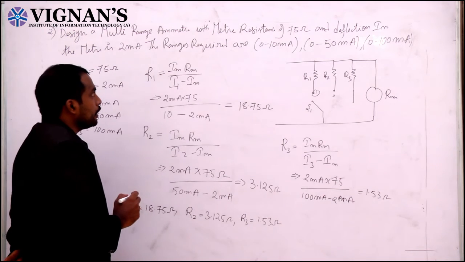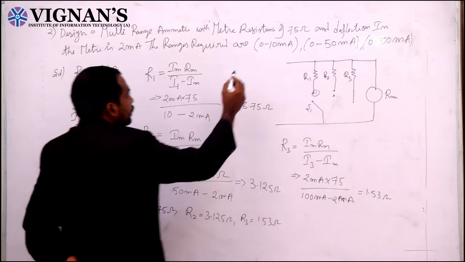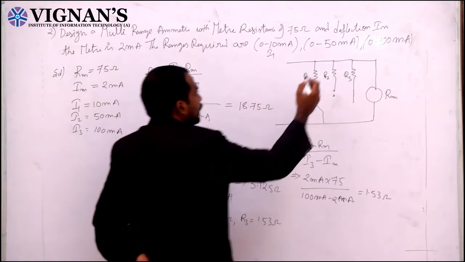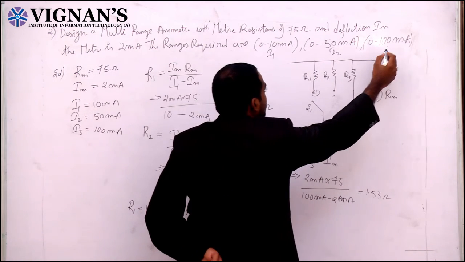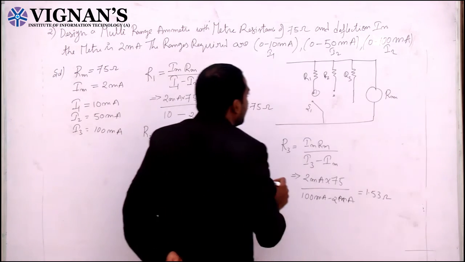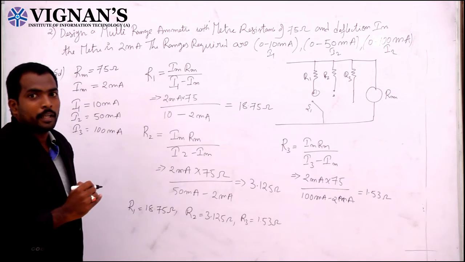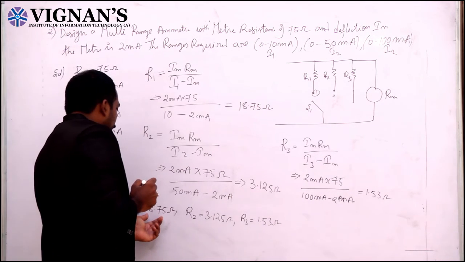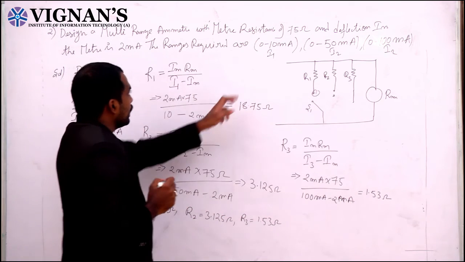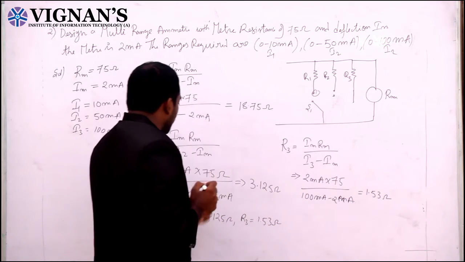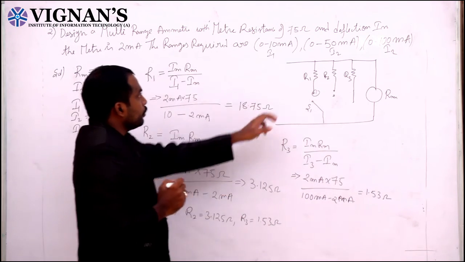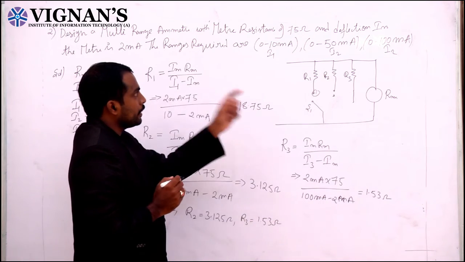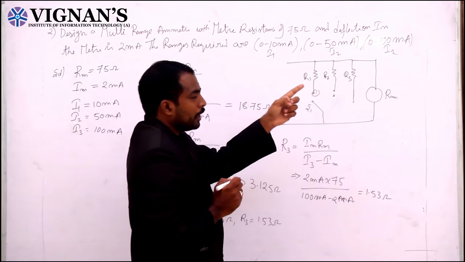That means in order to measure a range of 0 to 10 milliamps, 0 to 50 milliamps and 0 to 100 milliamps, the shunt resistances to be placed in parallel with your meter resistance are 18.75 ohms for 0 to 10 milliamps, 3.125 ohms for 0 to 50 milliamps and 1.53 ohms in the case of measuring 0 to 100 milliamps.